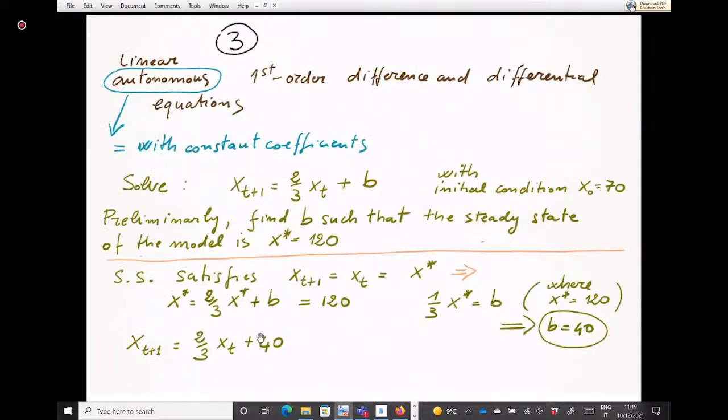The solution has a structure which is very similar to the solution to differential equations. The steady state plays a role in this solution formula, so 120. In particular, what plays a role is the deviation between the steady state and the initial level of the variable.